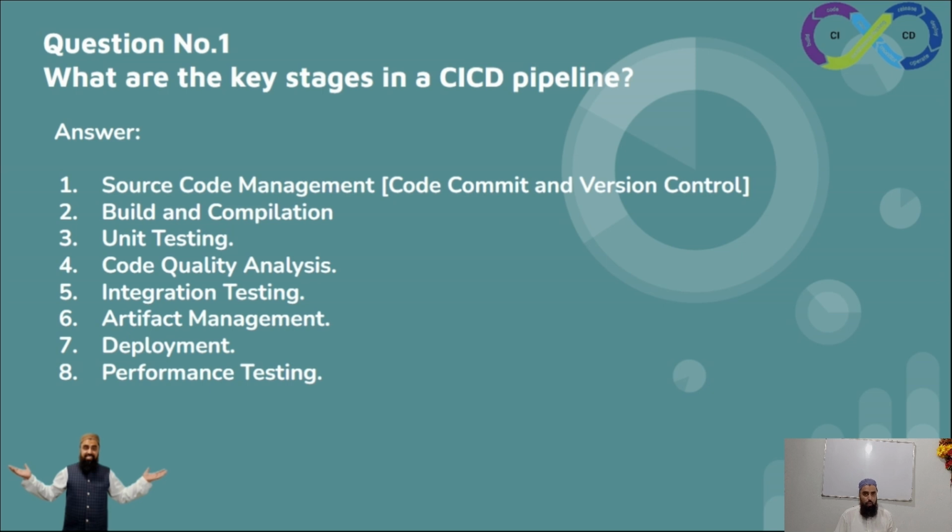And after that, we test our code for any potential errors. So it is unit testing, it can be integration testing, it can be regression testing. Then code coverage, in which our code is checked for code quality analysis. And then we have integration testing. For instance, our code has some modules and there are any plugins.